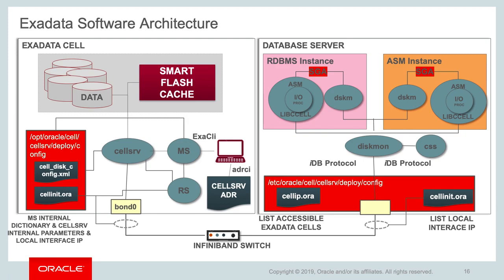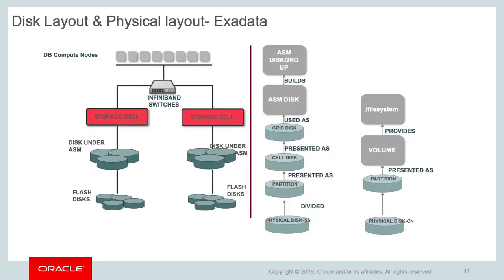Let's move to the next topic. In this slide, we will try to understand the disk layout as well as the physical layout on the Exadata system. There are two kinds of disks. Each storage cell has 12 physical disks. In a high capacity configuration, they are 10 terabytes in size.